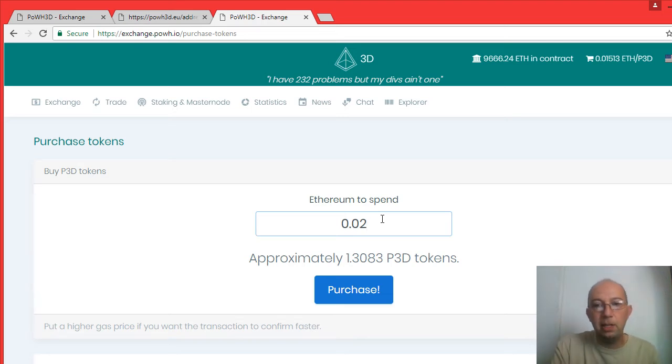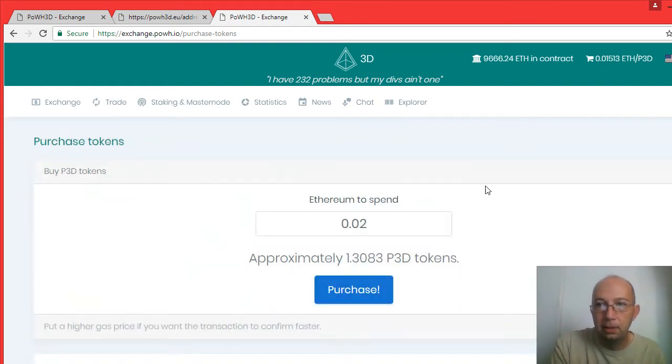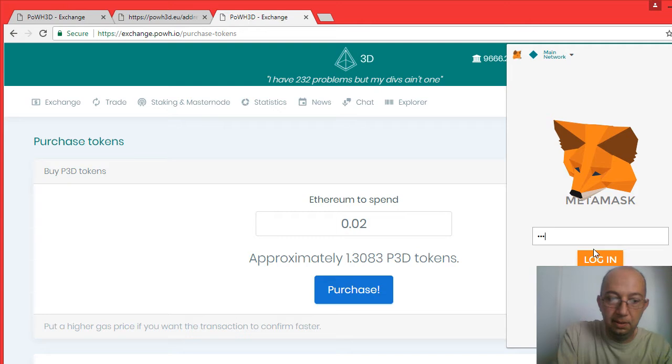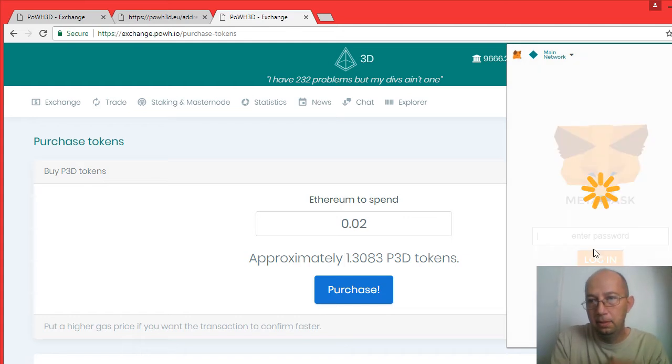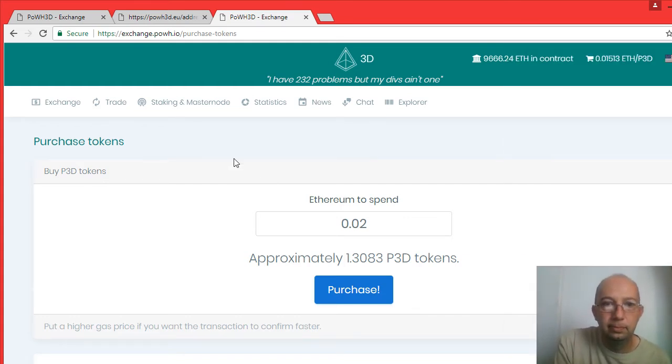I'm just going through these pages one step at a time. And this MetaMask, see, it says you're not signed into MetaMask. So pull that up and sign back in. And then we can refresh the page.